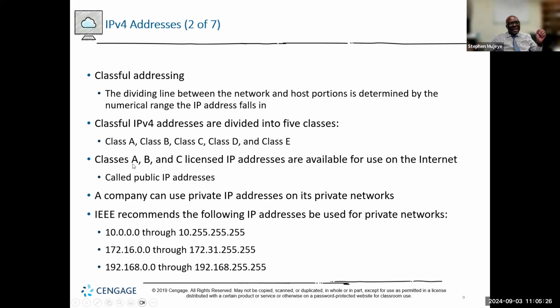Mostly we use Class A, B, and C, and those are licensed addresses. They're available to use on the internet. So if you need to carry out some communication on the internet, you are going to be using Class A, Class B, or Class C. And then the IEEE recommends the following IP addresses to be used for private networks.